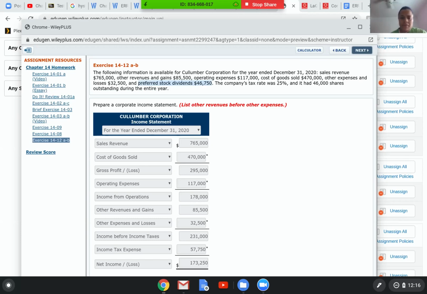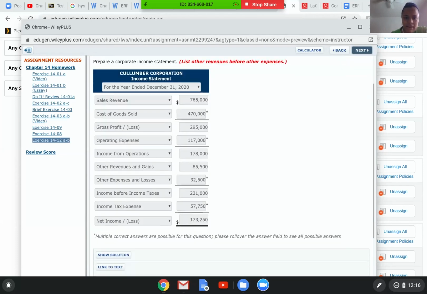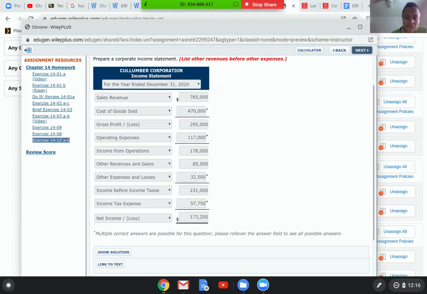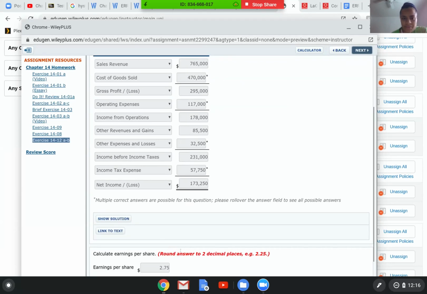Okay. So the preferred stock dividend, my first point is that no dividend ever shows up in the income statement, right? Because a dividend is not an expense, it's an allocation of net income. So this number, preferred stock dividend, is given to assist you in the calculation of earnings per share.